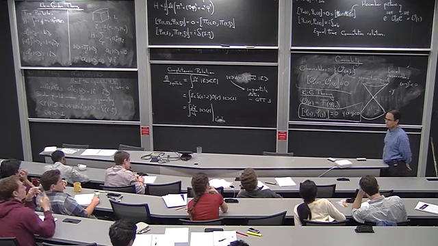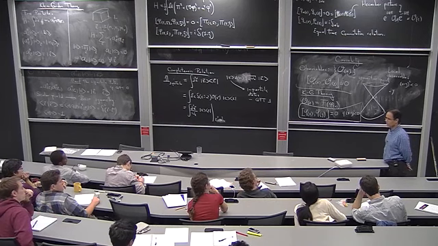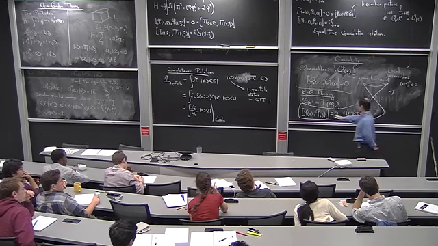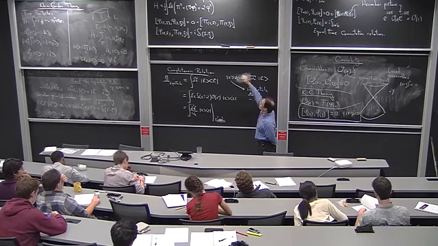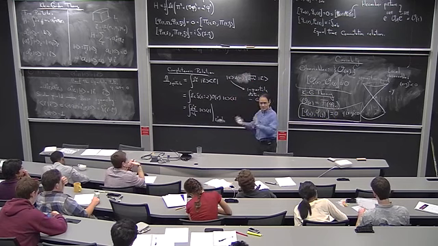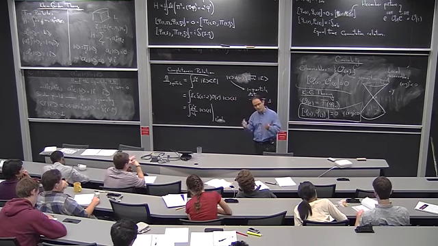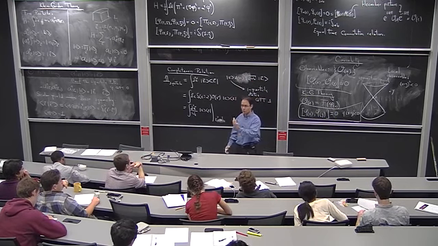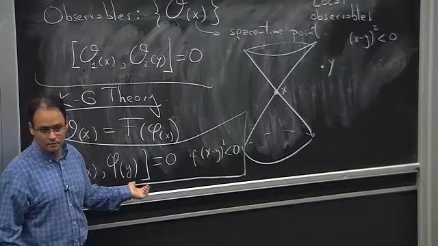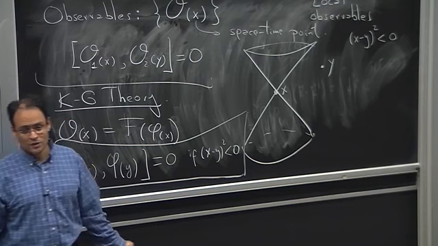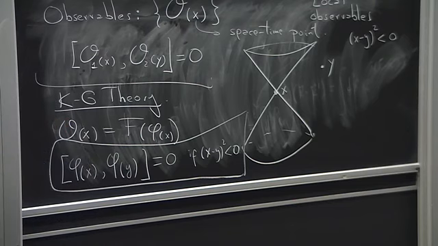Well, you have to work it out. The canonical commutation that we did is something that doesn't treat space and time in the same way, right? So there is no reason to believe that this object will be Lorentz invariant, for instance. So one has to work it out and see what happens.